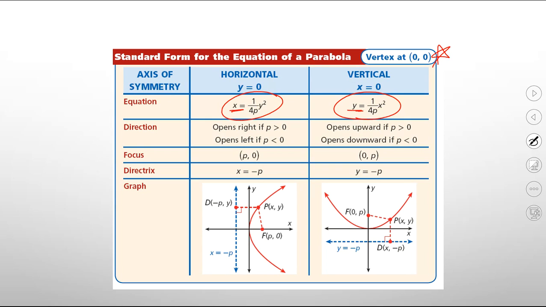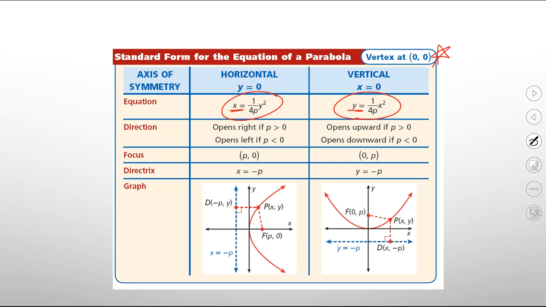Now you don't see the h or k in this vertex form because remember we're talking about the vertex at 0,0. So h is technically 0 here, and so is k. That's the reason you don't see them in those two equations. But like I said, later in this video, or in a different video that I'll do, we'll actually see the h and k because we won't be at 0,0.